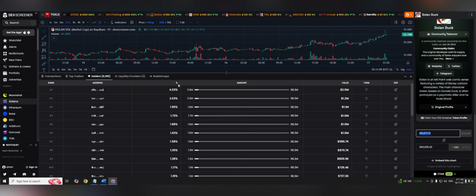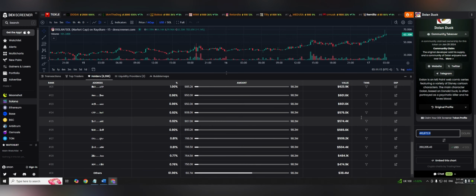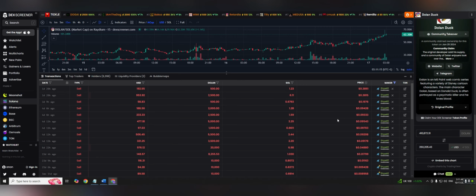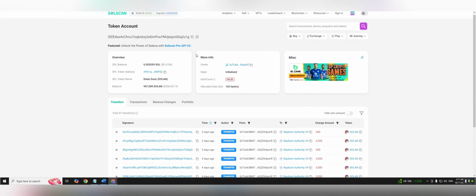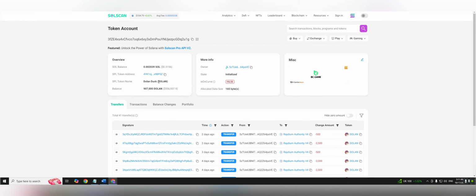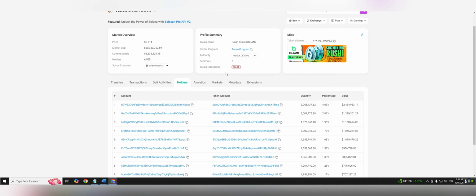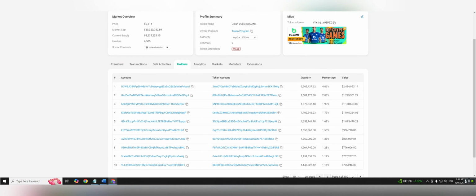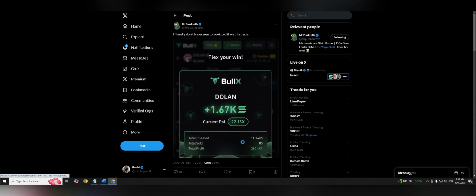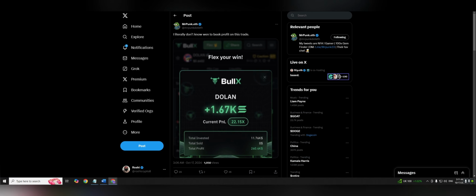So what we're gonna do is go to holders, and we're gonna look for this amount of supply, approximately, of course. Now, another way to do this instead of scrolling through DexScreener, which I prefer doing personally, is going to SolScan. When you're at SolScan, you go to the coin's initial address, the SPL token address, and you go to holders. What we're going to look for here is this amount right here, $260,000 approximately.